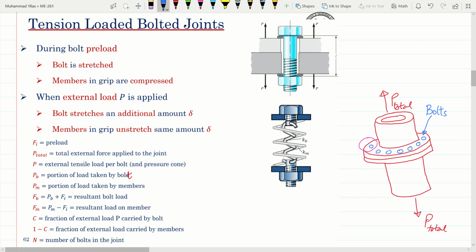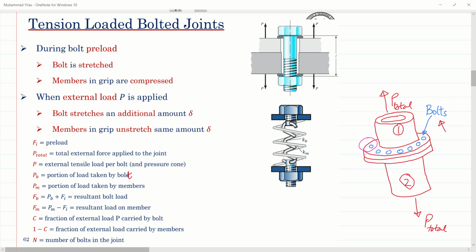Let's consider two pipes which were joined together with the help of a number of bolts. Pipe 1 and pipe 2 have been joined with a number of bolts, and these are schematically represented by round symbols.